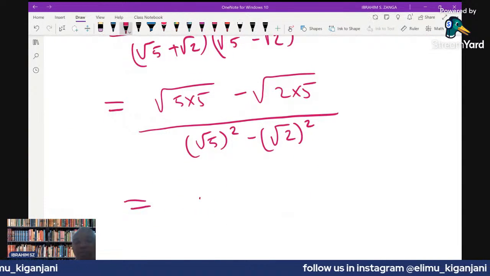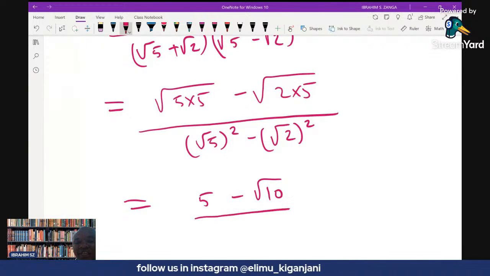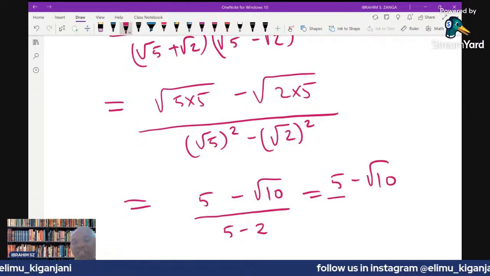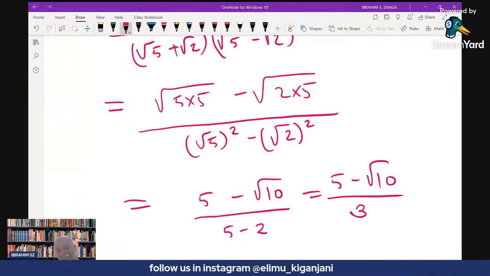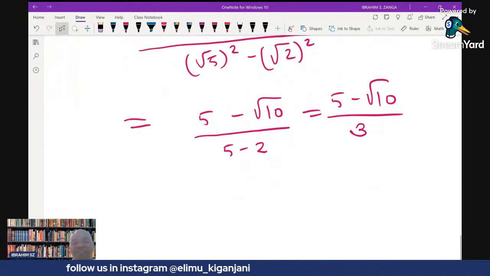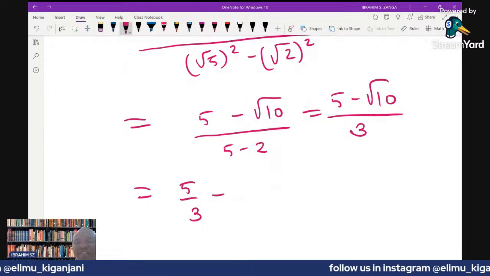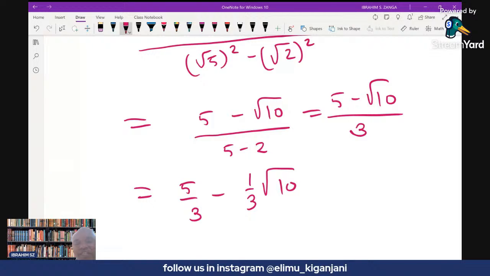This equals 5 minus square root of 10 divided by 5 minus 2. We get 5 minus square root of 10 over 3. So we're going to simplify it further. It will be 5 over 3 minus 1 over 3 square root of 10.